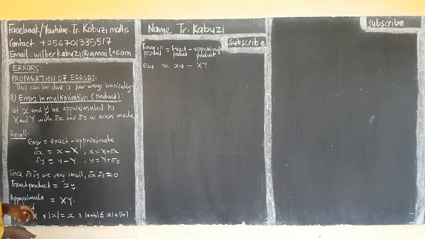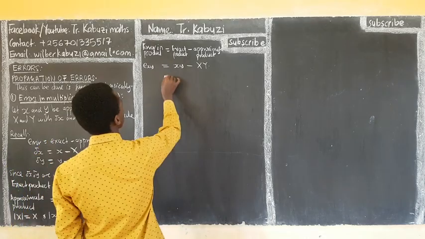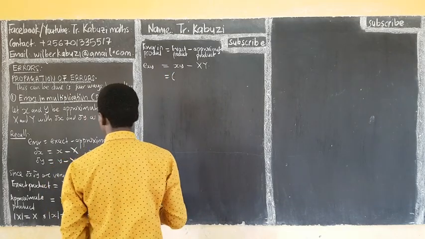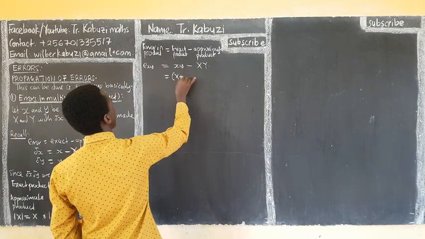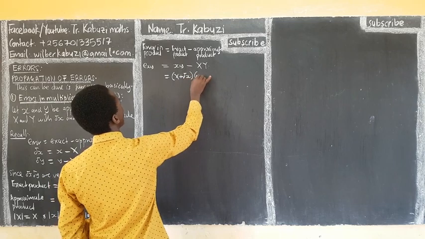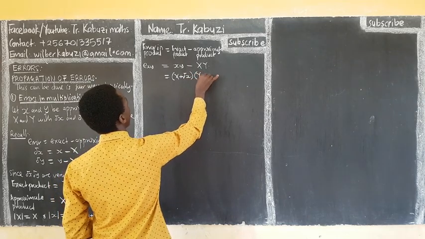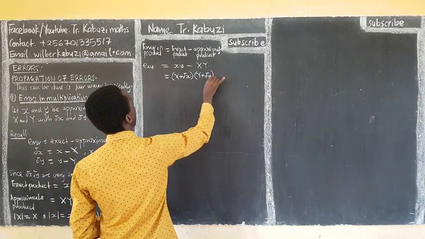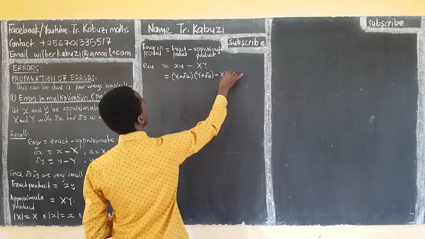So if I remove these, I'll have (X plus delta x)(Y plus delta y) minus XY.